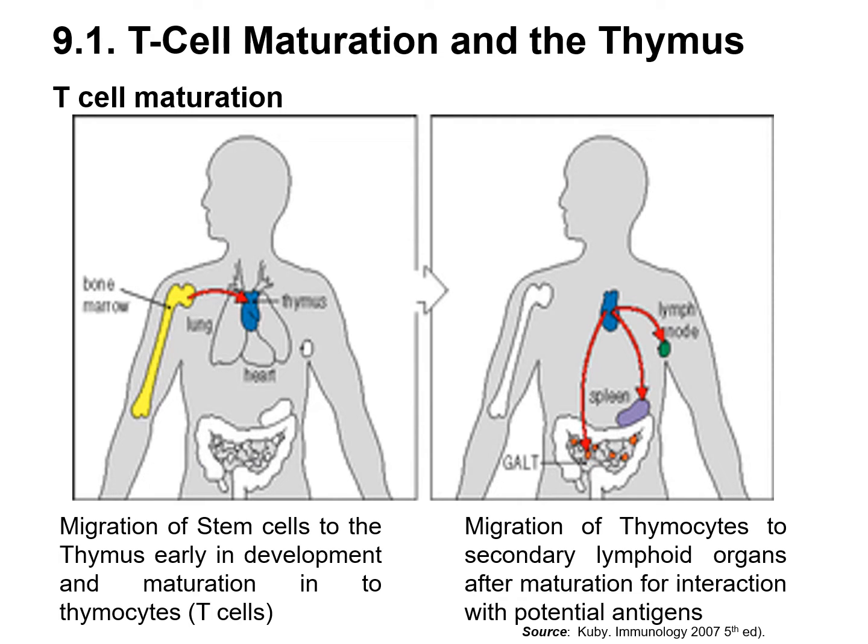In this diagram, we can see that the source of T cells is the bone marrow, and later they migrate to the thymus. But for these naive T cells to have contact with antigens, they have to go to secondary lymphoid organs.